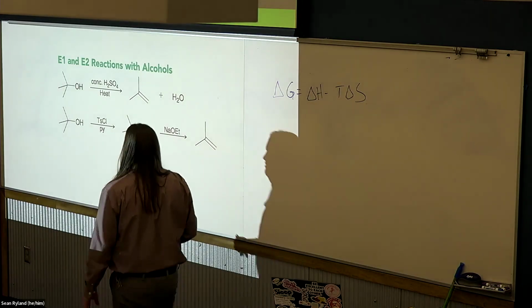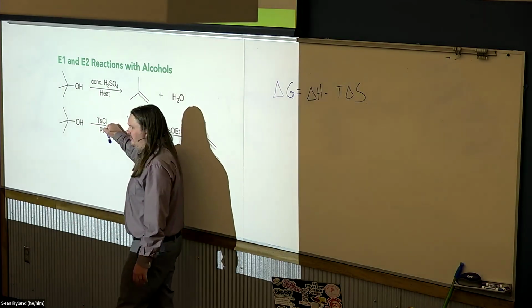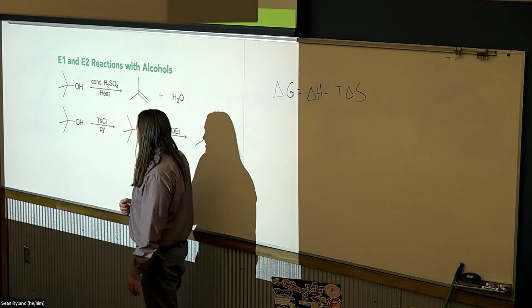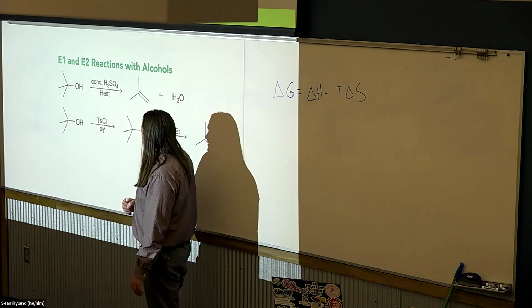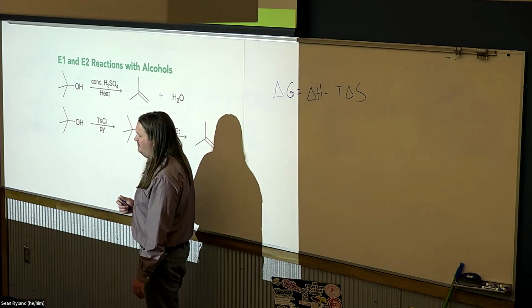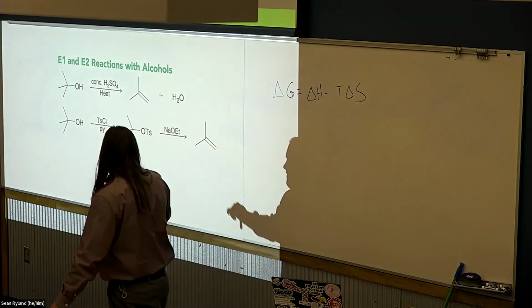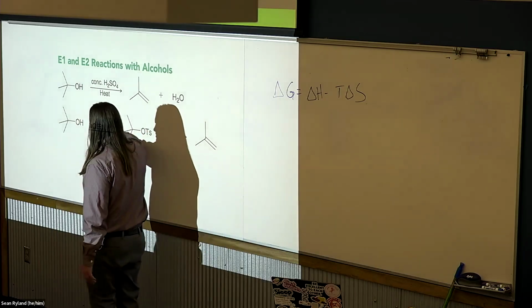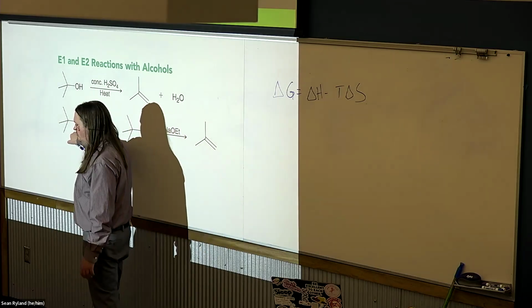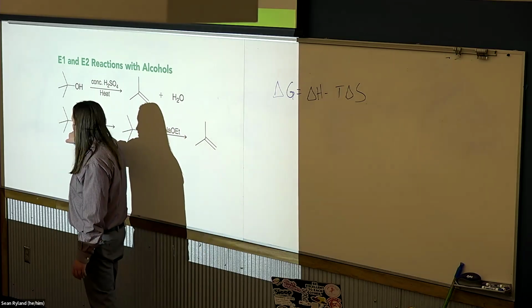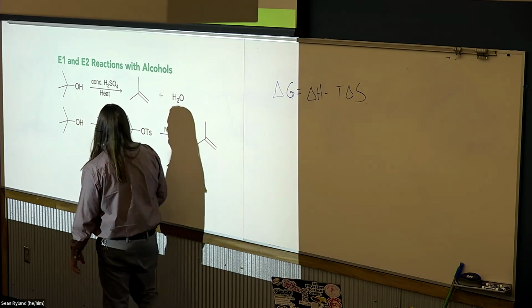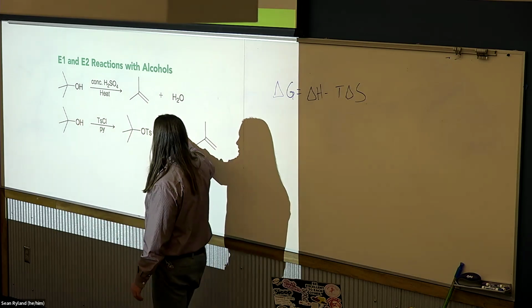You remember seeing this tosyl chloride back from Orgo 1. We didn't do a ton with it at the time because we were more focused on the halogens. But basically what we can do with this tosyl chloride is it's going to attach to the oxygen here, make it a good leaving group, and then we just need a strong base.